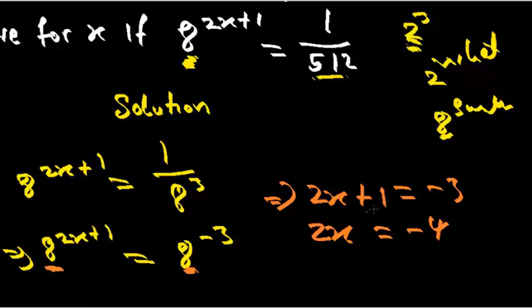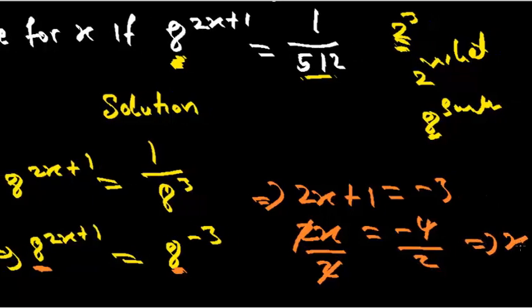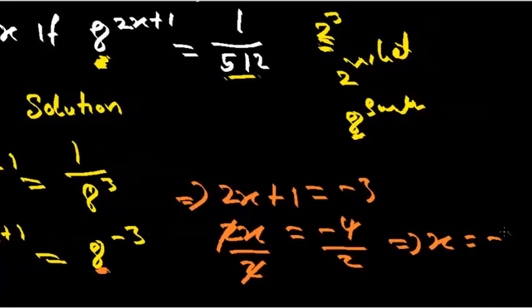If I subtract 1 from here, I'll get 1 minus 1, 0. Then I'll subtract 1 from here, and that will be negative 3 minus 1, that will be negative 4. Then I can divide by 2, so this will cancel out. That implies x is equal to negative 4 divided by 2. Negative 4 divided by 2 is negative 2. x is equal to negative 2.